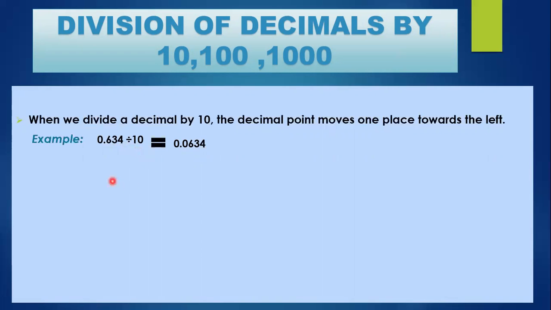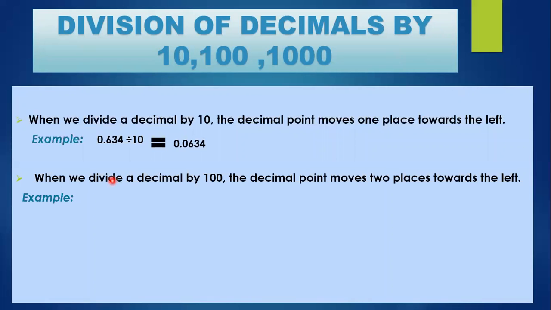When we divide a decimal by 100, the decimal point shifts towards the left 2 places. The decimal shifts 2 places, but in the second place there is nothing, so we have to take a 0 here.